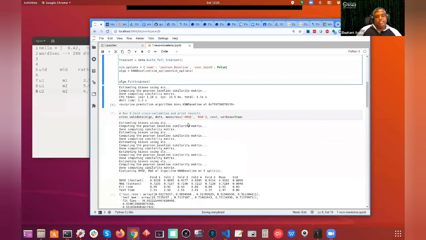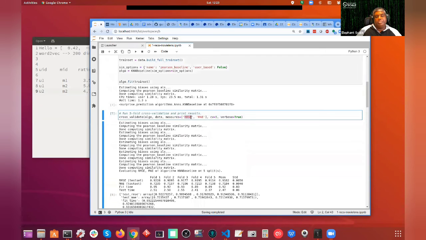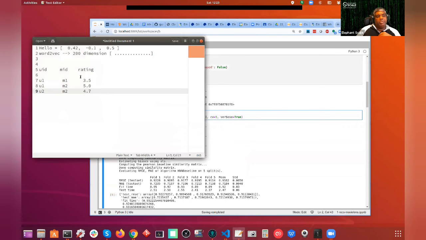And then what are we measuring? We are measuring RMSE, because remember, this is a regression problem. The idea is, can the algorithm predict pretty close to your original rating? We are treating them as just numbers. Let's say the algorithm thinks it will give this movie 3.0.